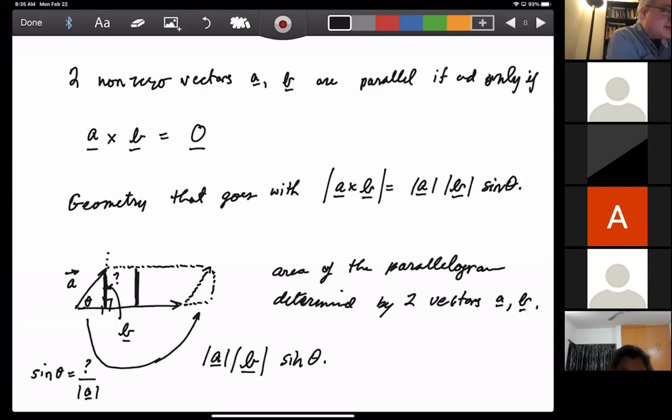Okay, notice that's exactly what we picked our formula for the cross product to guarantee. So the length of the cross product of two vectors gives you the area of the parallelogram determined by the two vectors. Okay, so that bit of geometry is built into the definition of the cross product.